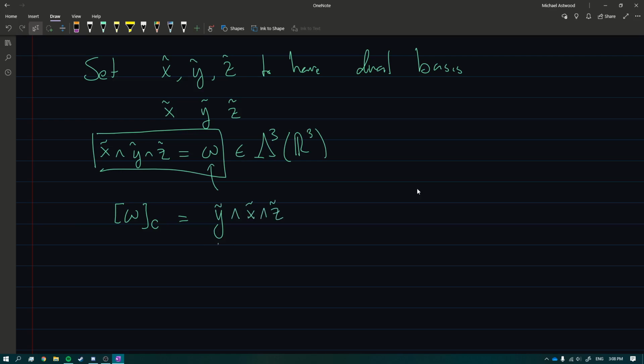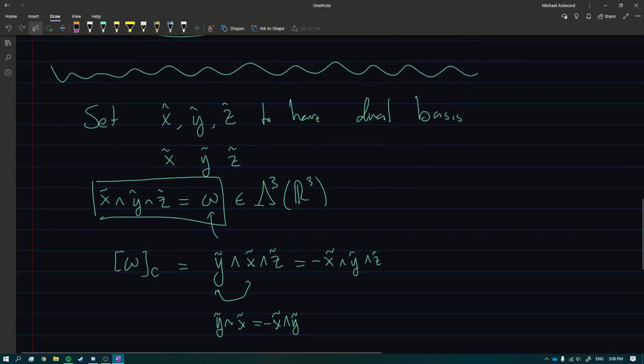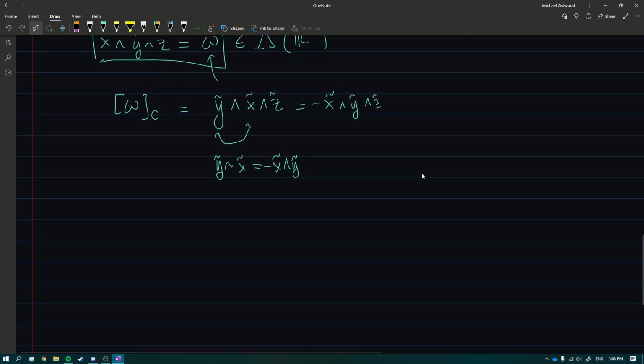But we saw that if you exchange two covectors in the wedge product, y tilde wedge x tilde is negative x tilde wedge y tilde. So this becomes negative x tilde wedge y tilde wedge z tilde. This is how we look at changes of orientation.